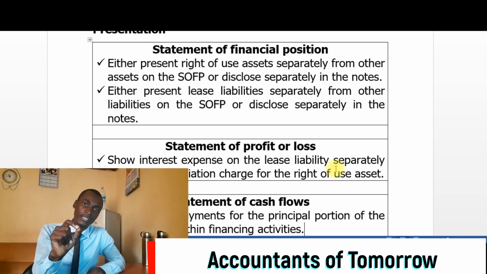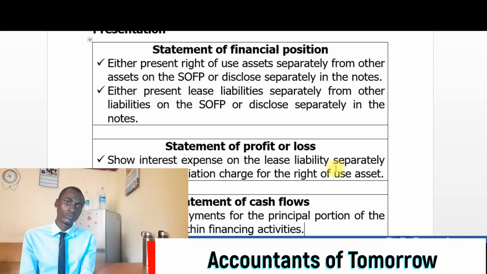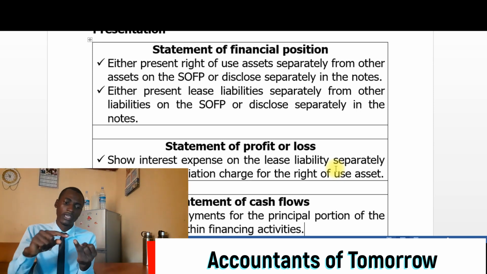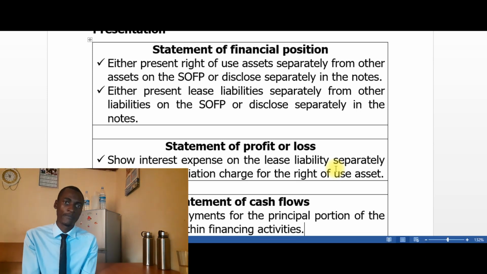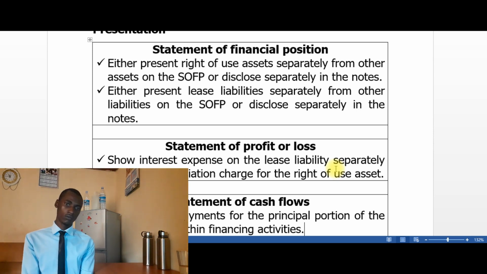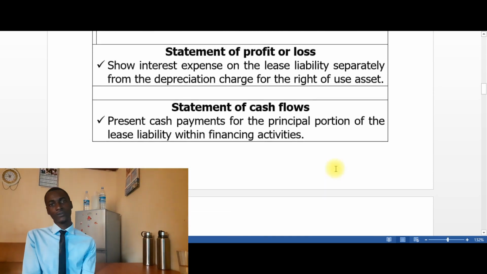Now, how do we present in the financial statements? We are going to see how we present information about leases in the statement of financial position, in the statement of cash flows, as well as in the statement of profit or loss. Now, in the statement of financial position, you have to present the right of use asset under non-current assets.